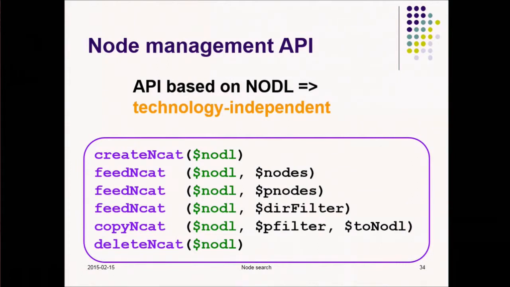It's like a Trojan horse tunneling the technology-related details past the XQuery developer, who need not be aware of the technological base on which the collection with which he works is based.